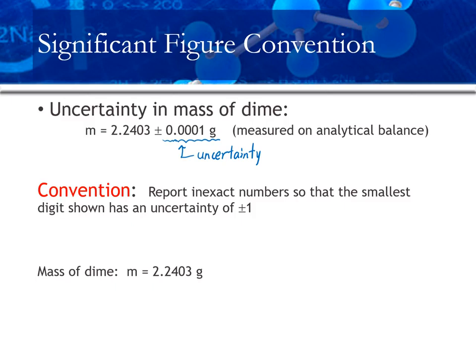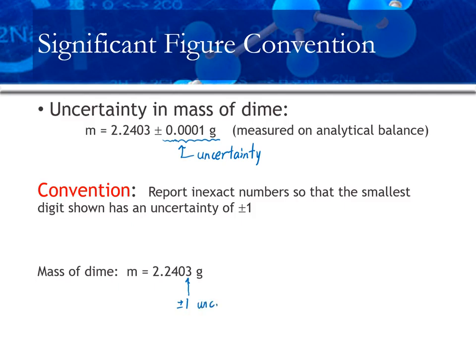So instead of recording the mass of my dime as 2.2403 plus or minus 0.0001 grams, I just write it down as 2.2403 grams. And by stopping at that last digit, everybody reading this will understand that there's an uncertainty of approximately plus or minus 1 in that digit.